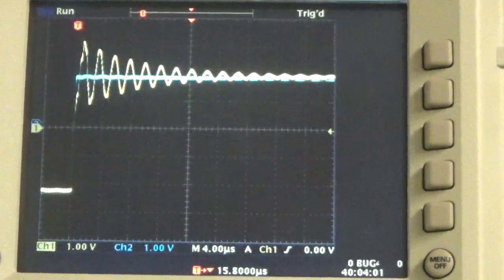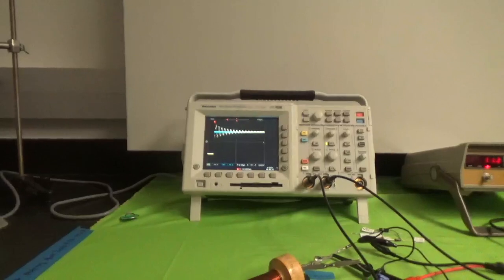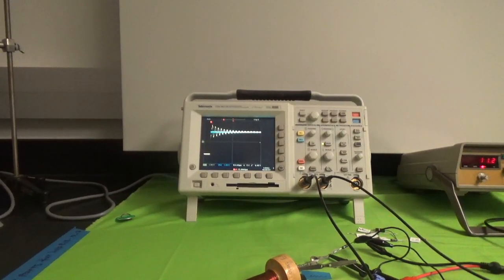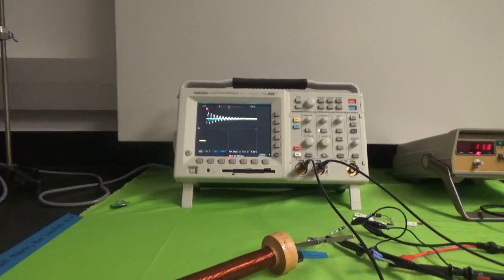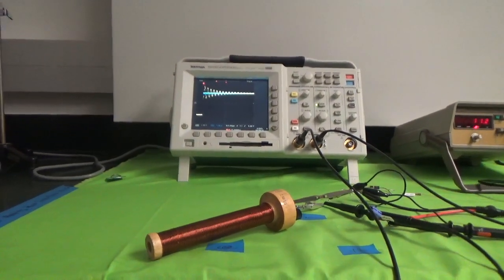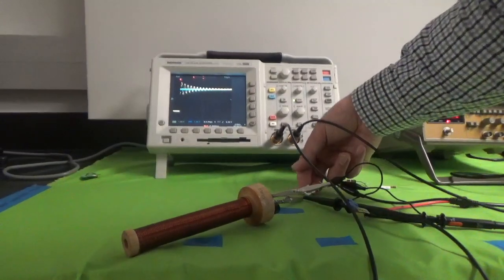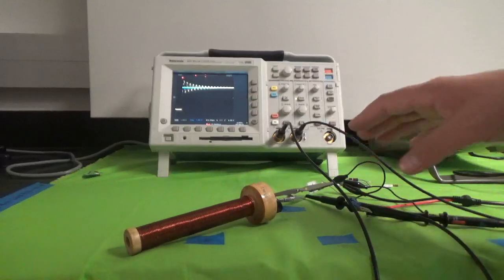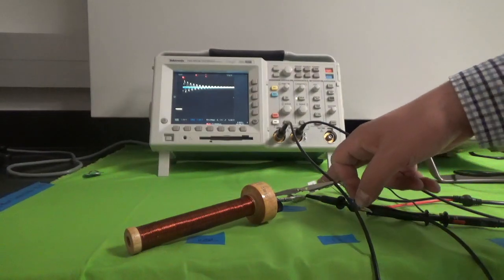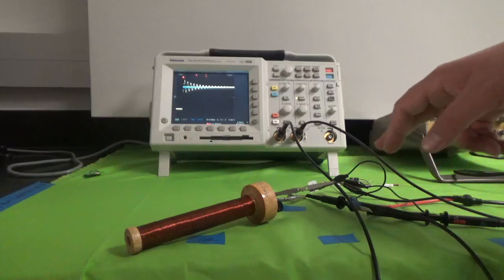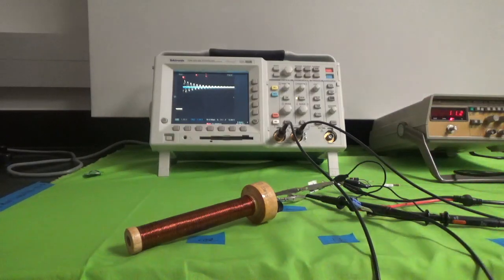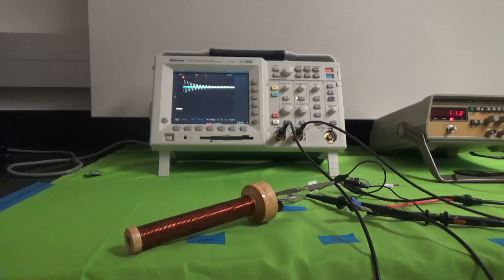So what I will do now, I will zoom out, as you can see right here, and try to adjust the camera so you can see what I'm talking about. This resistance that you see right here is 1 mega, and we don't have a decade box. Since we don't have a decade box, I tested more than one resistance to figure out the resistance of the critical damping.